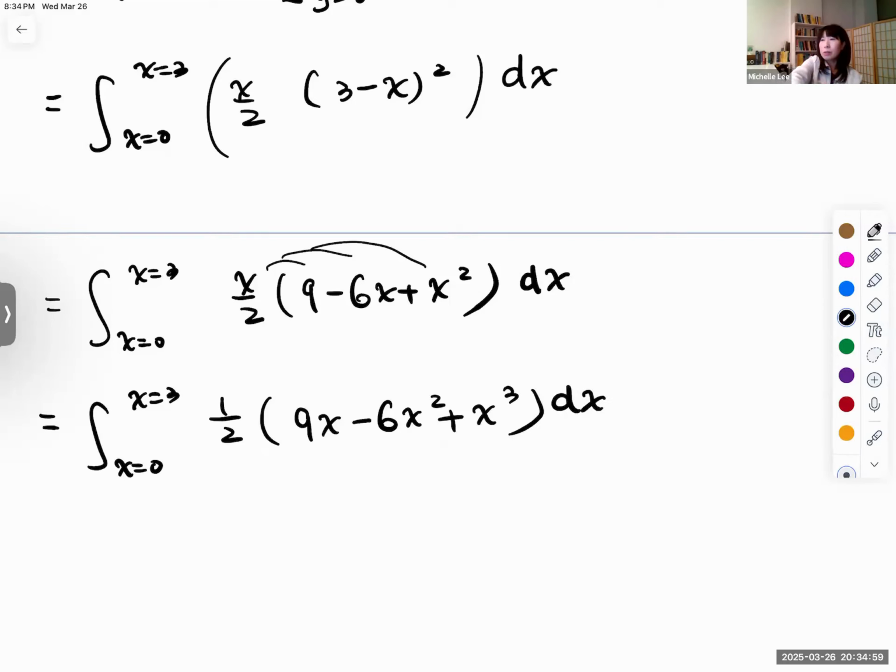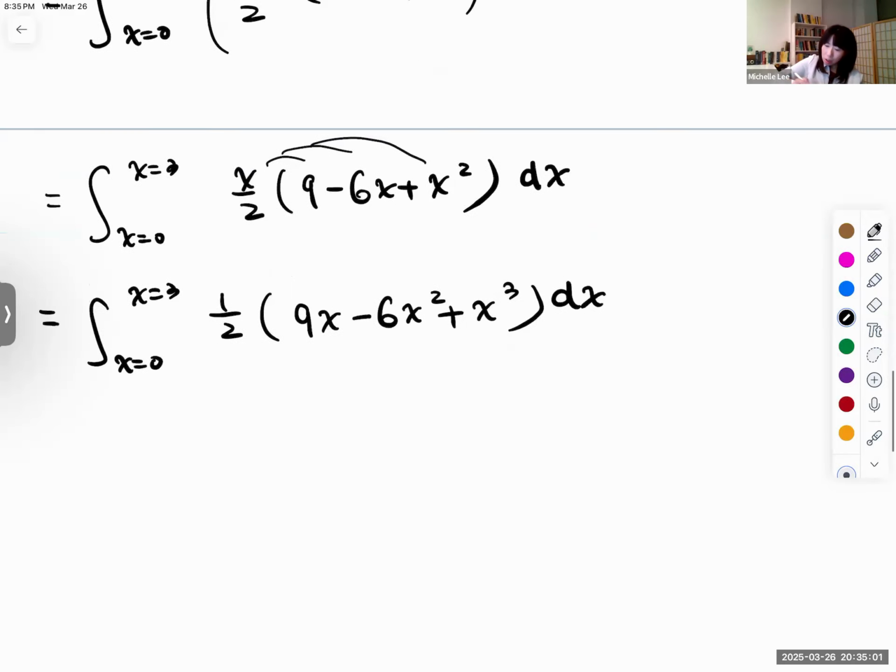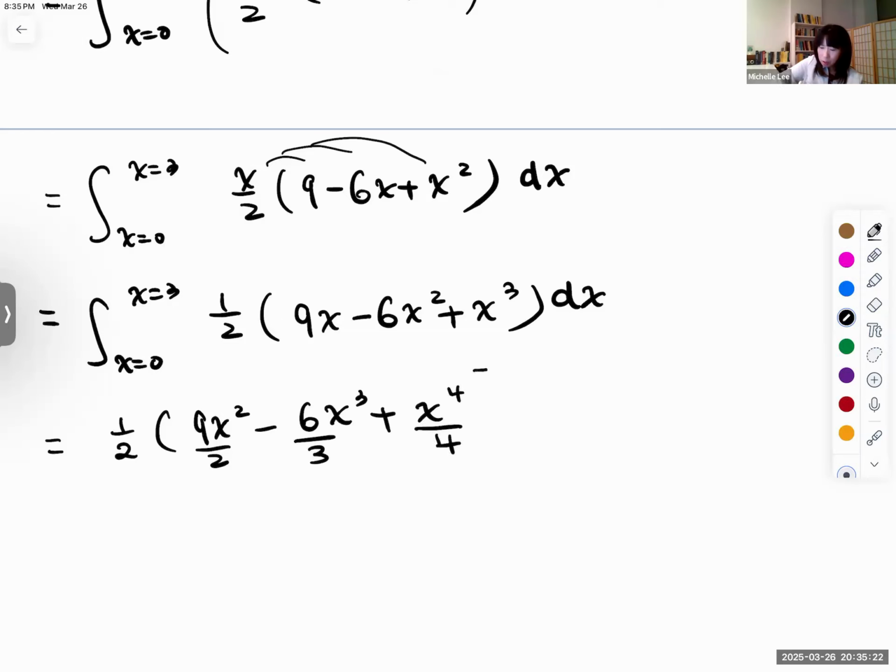Okay, now integrate. We keep the constant and integrate with respect to x: 9x squared over 2 minus 6x to the third power over 3 plus x to the fourth power over 4, and then we evaluate from 0 to 3.